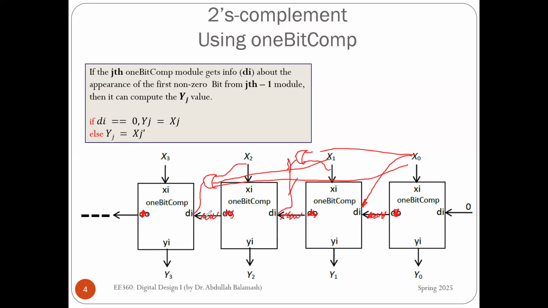Now, if you compare them based on scalability, the main design is more scalable. If you have a long input, assume maybe a 1024-bit twos complement module, we need an OR gate with such huge inputs, because I need to OR all the x's together to provide the DI value.